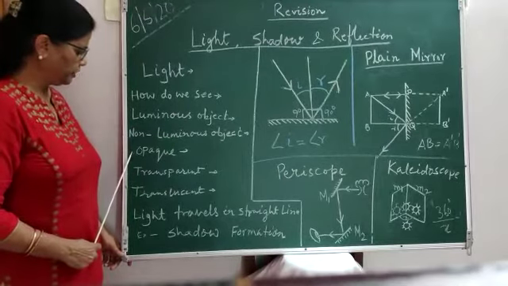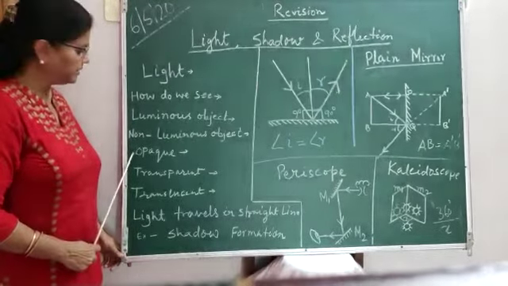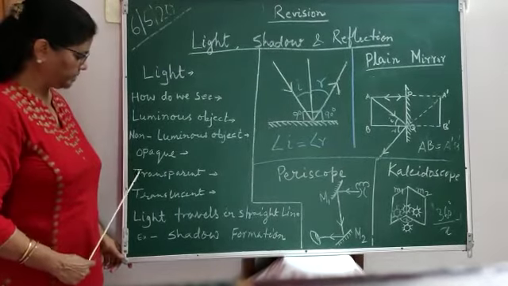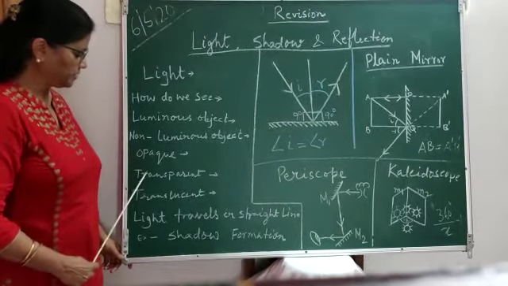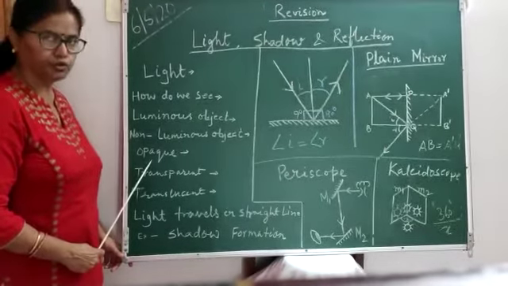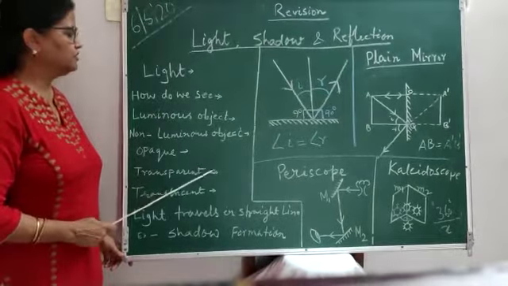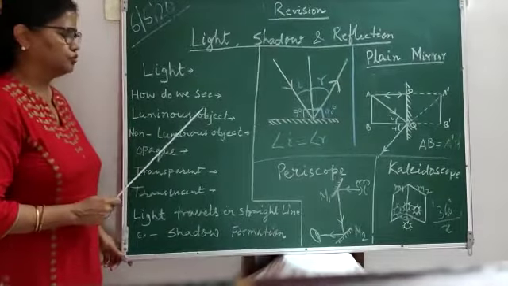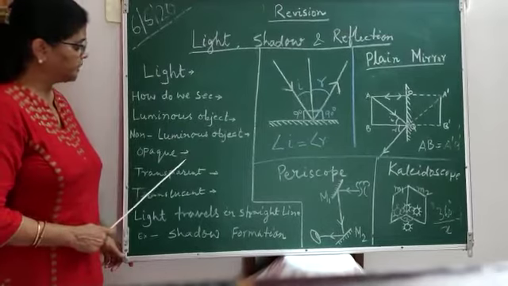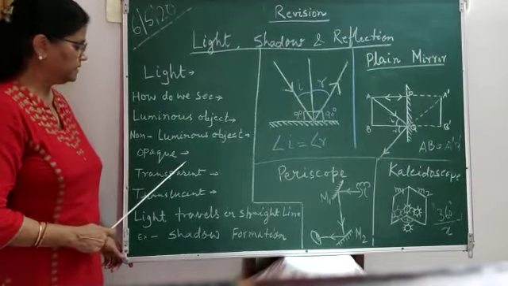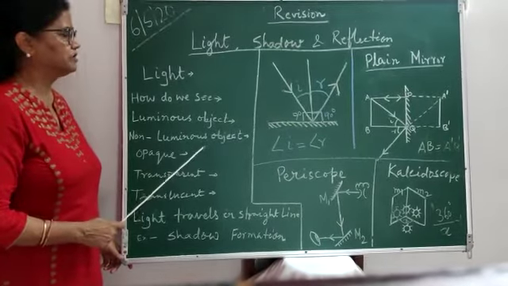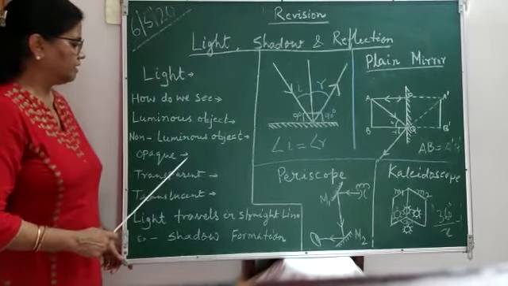Now from the light point of view, we categorize the objects in three parts: opaque, transparent and translucent. Opaque objects do not allow light rays to pass through them, such as book, chair, bed, house, everything around us.